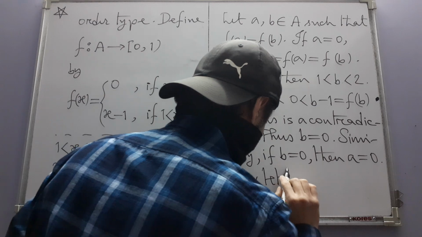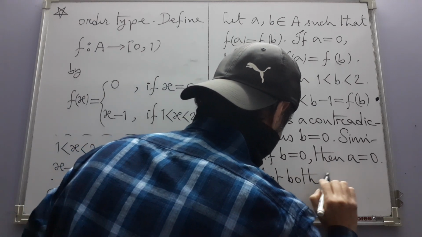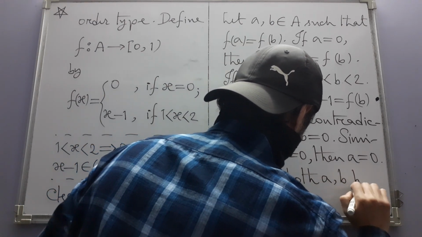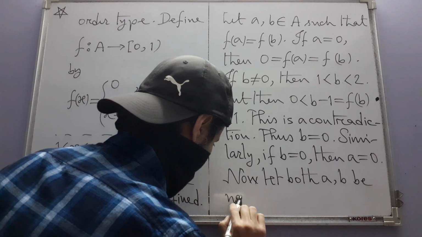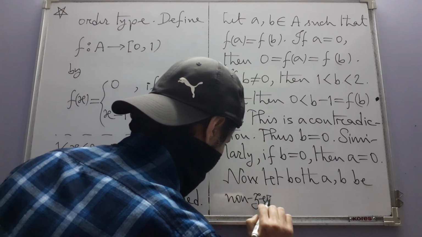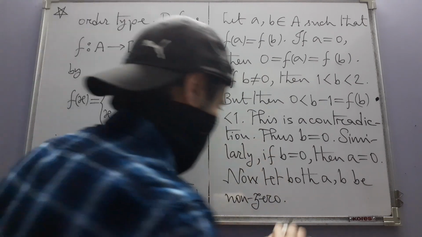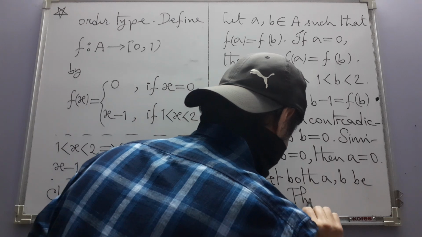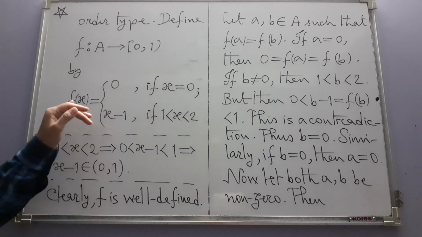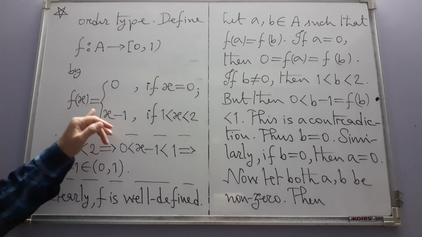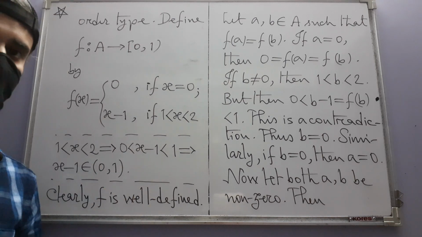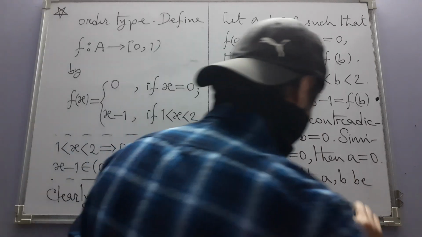Now, let both A and B be non-zero. So if both of them are non-zero, then we know what is f of A. It is A minus 1 and f of B is B minus 1.